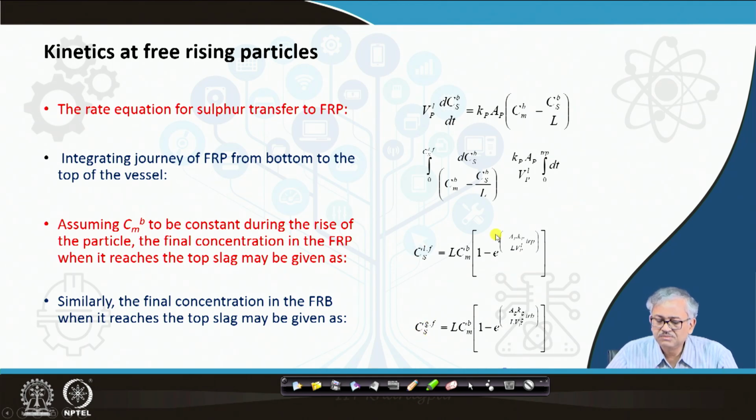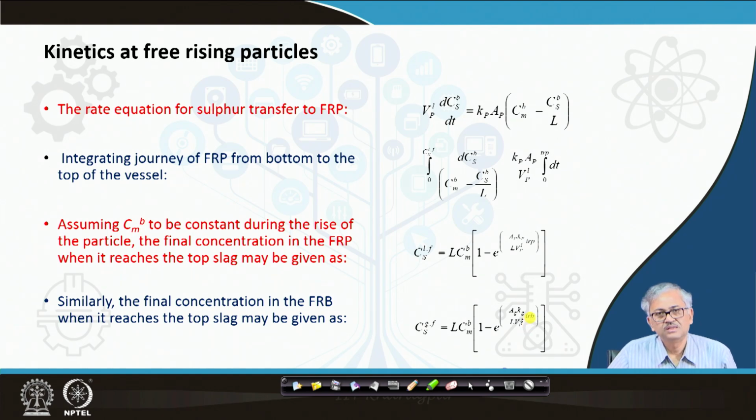And simply the similar equation, only Ag represents the total interfacial area at the particle liquid interface for those particles which are attached to the bubbles, and Kg is the mass transfer coefficient again at the particle liquid interface, for those particles which are attached to the bubble, and then Vpg is basically the volume of the particles attached to the bubbles.